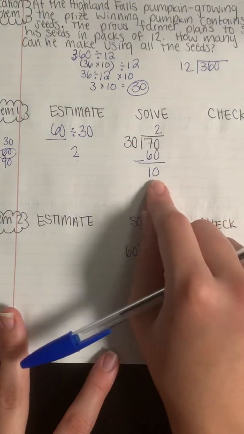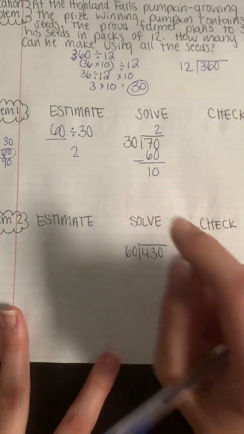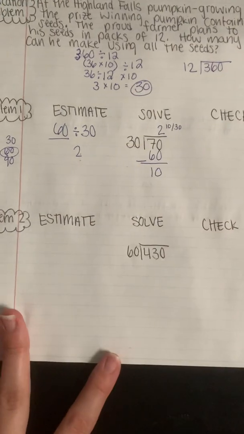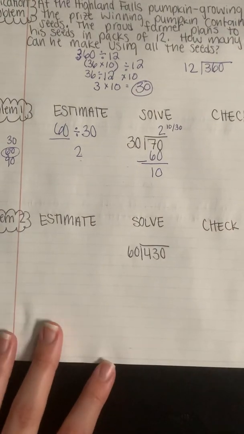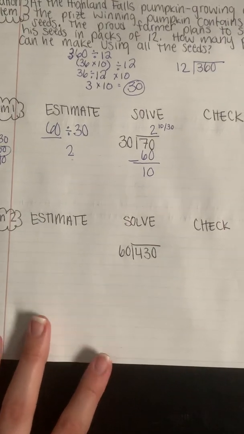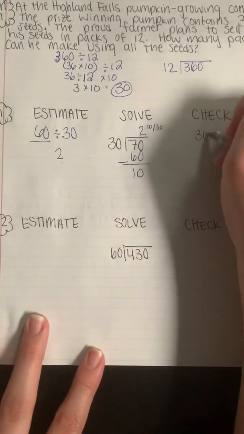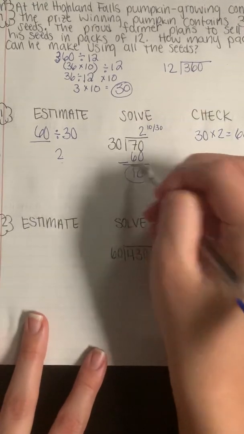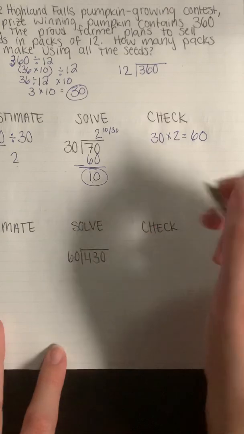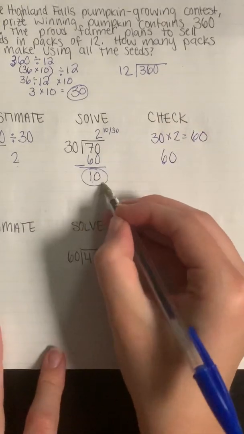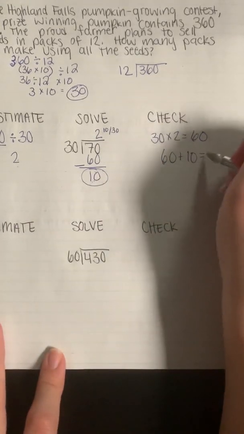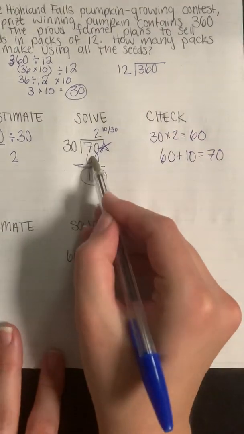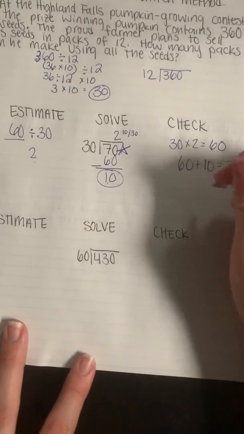So this becomes my remainder. 10 over 30. 2 and 10 over 30. If I were to check that, I would do 30 times 2 equals 60. And then I add on this remainder down here. So 60 plus this 10 equals 70. Is that the number that we started with? Sure is. 70 is our dividend.